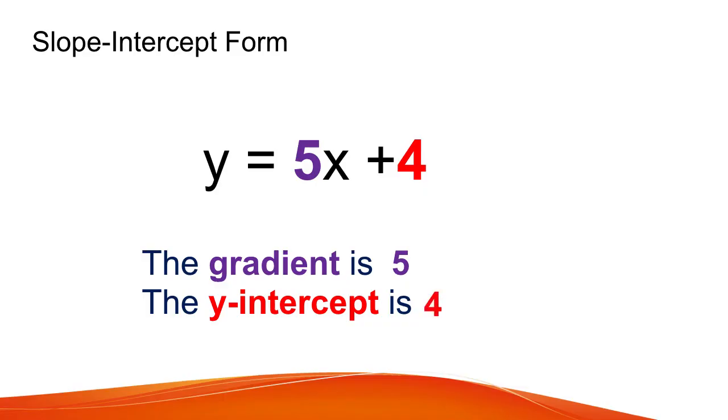Awesome. Let us look at the denotations of this particular equation in other countries. Remember, in South Africa, in the UK, in Australia, in Egypt, Germany, and Malawi, most of the countries in Africa, we use y is equal to mx plus c.